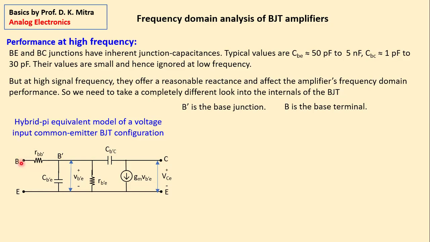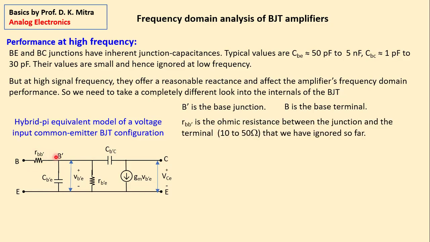And there is a resistance between B, the terminal, and the junction. Even the terminal pin also has a resistance. RBB', the resistance between the junction and the terminal, has a value ranging from 10 to 50 ohm.